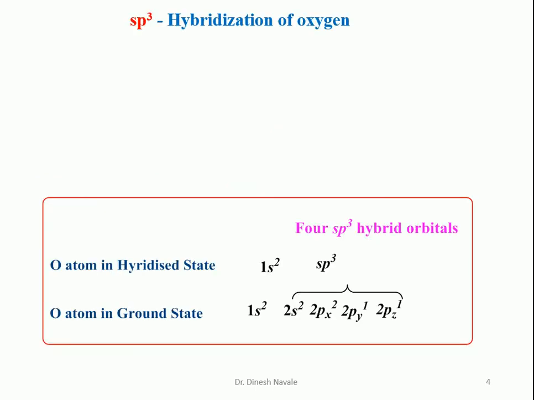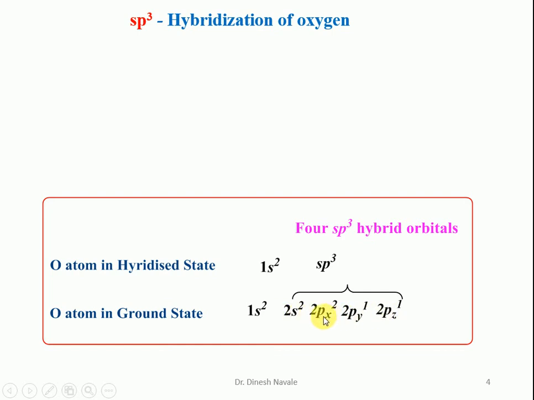During the sp3 hybridization of the oxygen atom, which has atomic number 8, the ground state electronic configuration of the oxygen atom will be 1s2, 2s2 and 2p4.